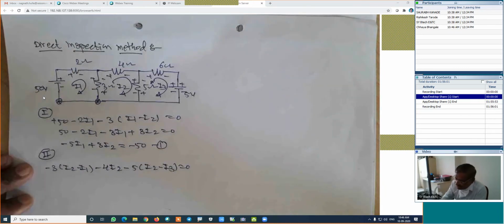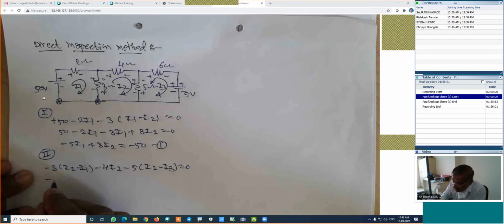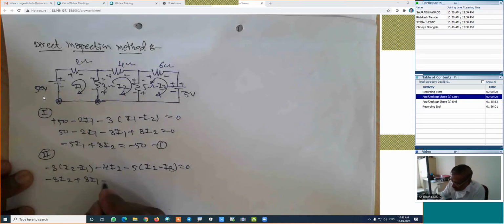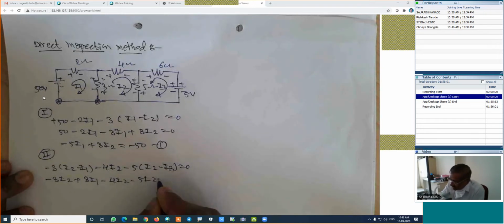Simplifying, it is minus 3I2 plus 3I1, minus 4I2, minus 5I2, plus 5I3, which is equal to 0.